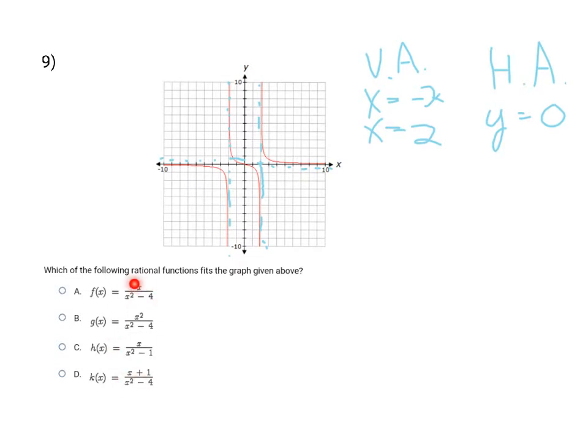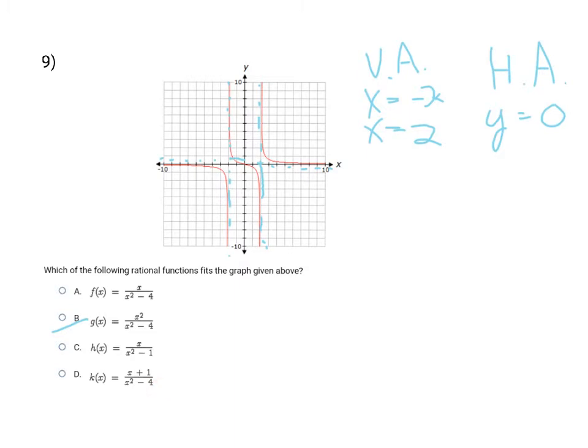So I'm looking for problems here that when I set the denominator equal to 0, it gives me an answer of -2 and 2. And y equals 0 means that the top is going to have a smaller degree than the bottom. So all of these have, except B, where the degrees match, a smaller degree on the top than the bottom.